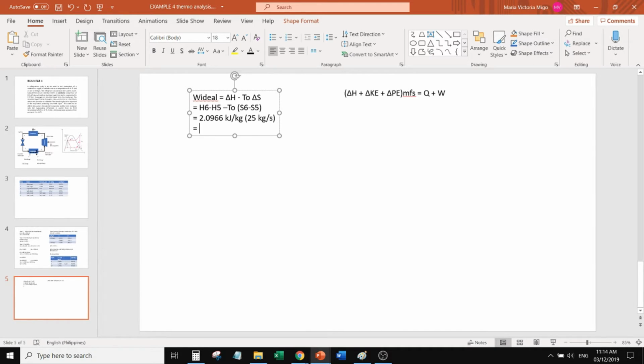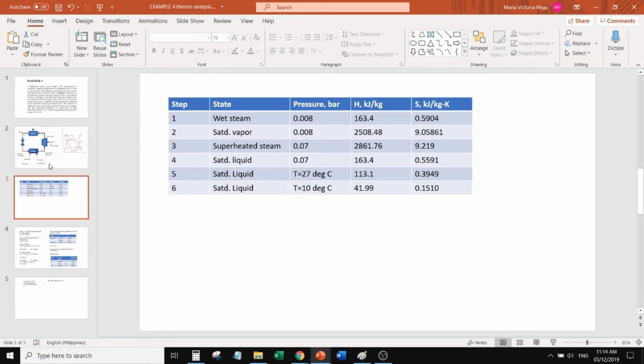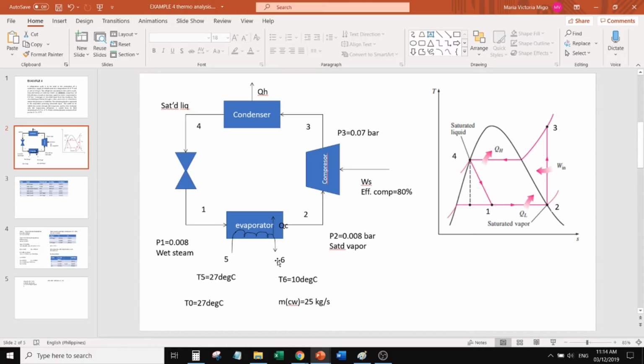Okay, so why do we need to convert into power? Remember, we have two streams. We have the chilled water and we have the refrigerant. So we cannot have a basis of per kilogram because the mass flow rate of the chilled water is different from the mass flow rate of the refrigerant.